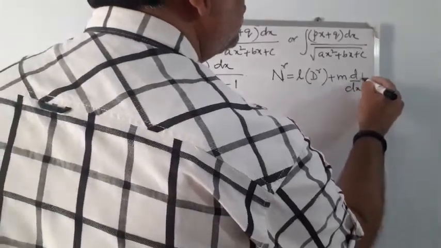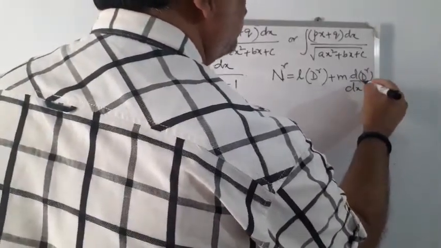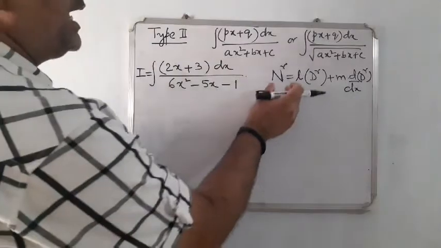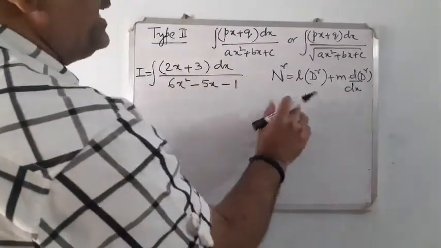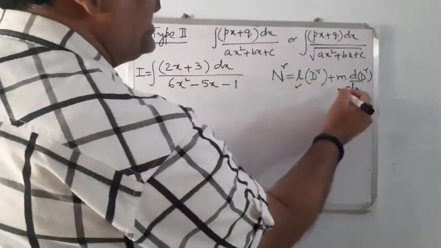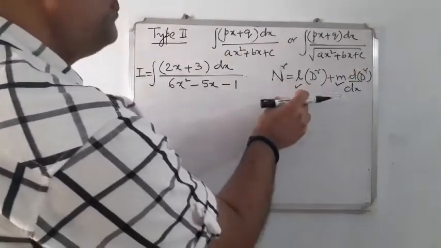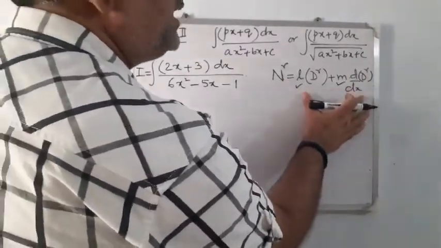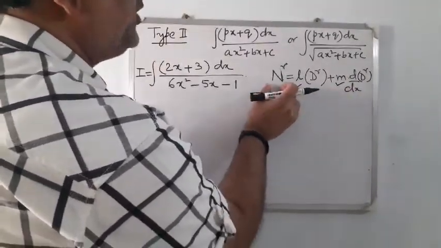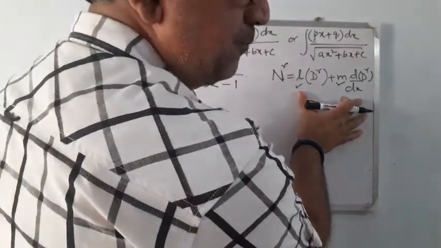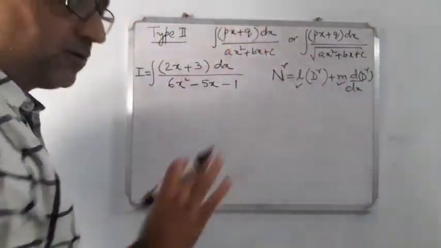This is the actual rule which we have to follow, and after applying this rule we will find the value of L as well as m, and then by putting these values we will get the numerator expressed in this term, and then we will try to solve the integral.